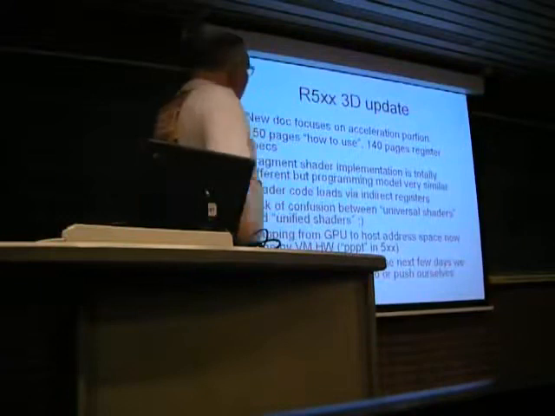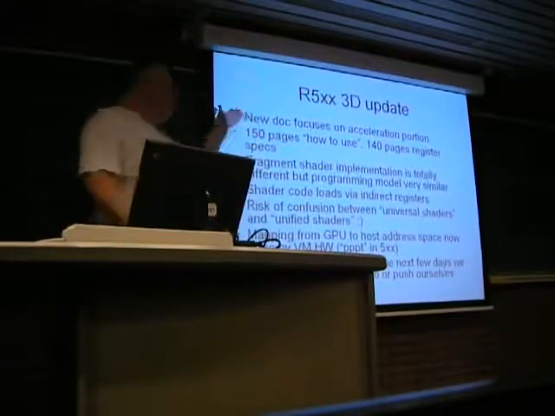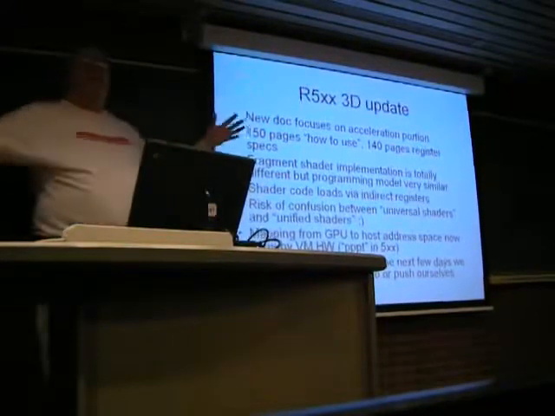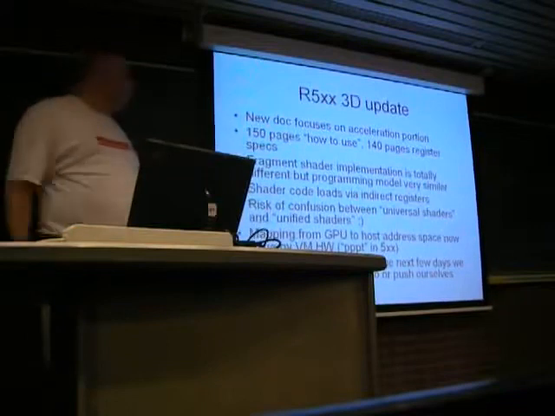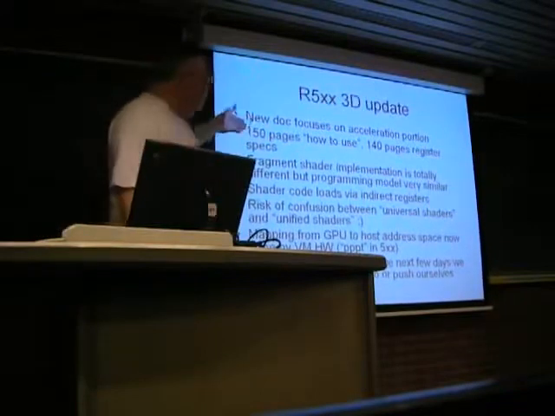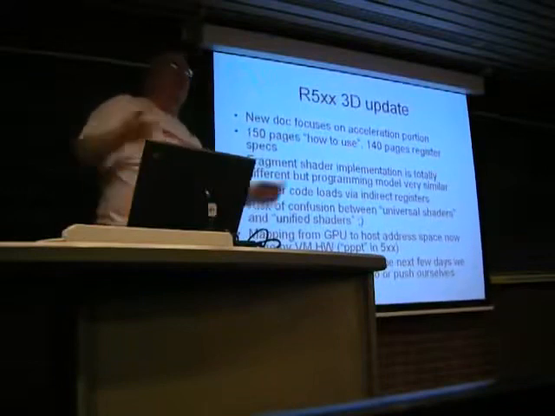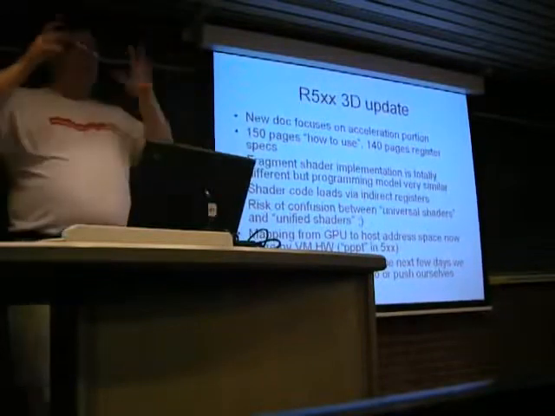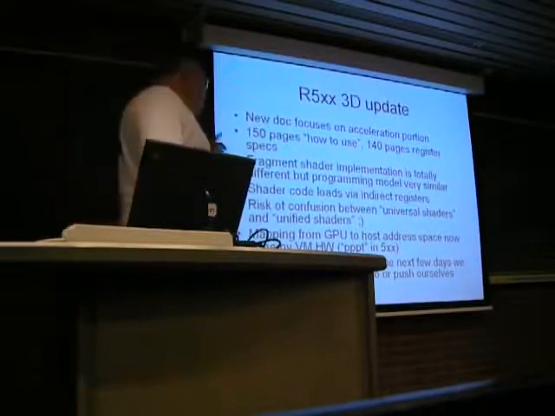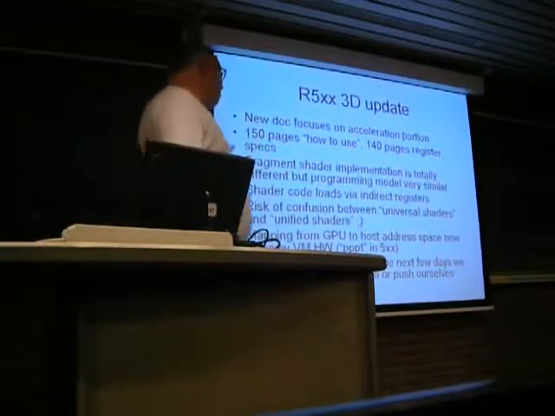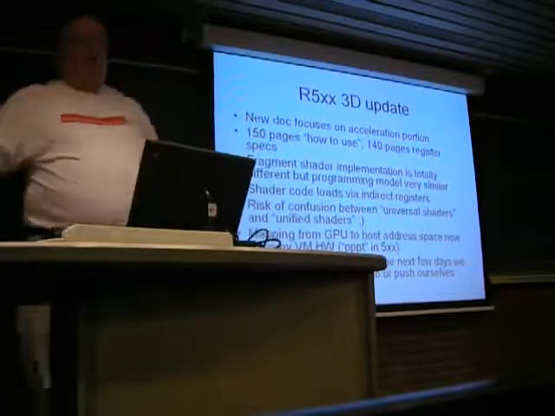Okay. 5XX 3D update. The title is acceleration, and we're trying to make it clear it's not a total programming guide, it's the acceleration block. It's about half how to use and about half register specs. The how-to-use part covers vertex formats and how all the routing and swizzling works. Fragment shader implementation, the hardware is totally different.